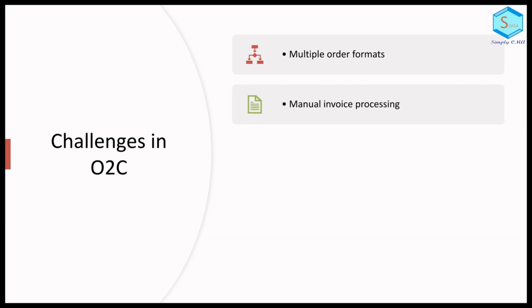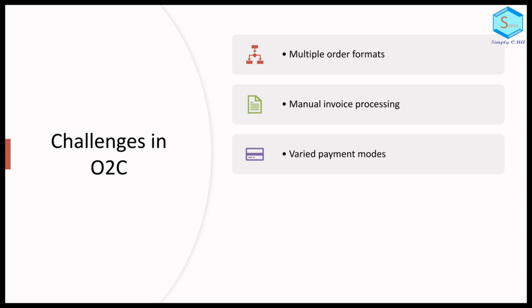Next, manual invoicing leads to delays and errors. Customers require manual invoices as per their formats. This also creates delays because the invoice has to be made based on their requirements. Next, customers may pay via multiple formats.